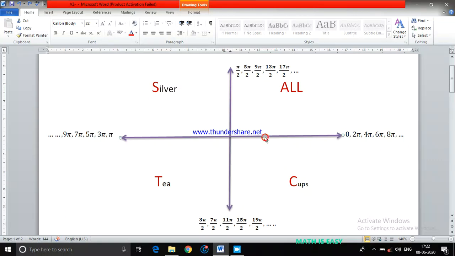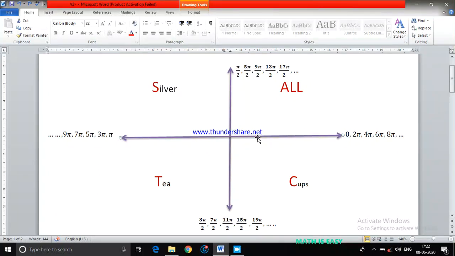When you start from here, it is 0, then 90, then this will be 180. When I reach this point, this will be 270. When I reach here again, 270 plus 90 will be 360. That 360 is 2 pi. So after completing one revolution, the 360 comes here.